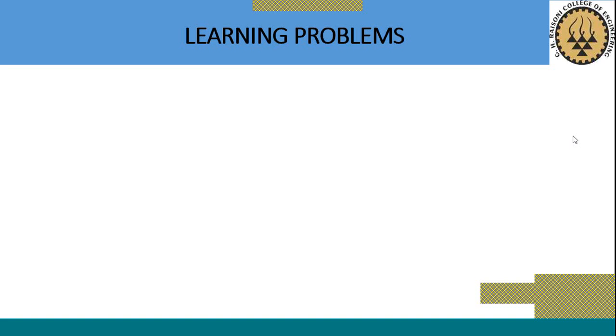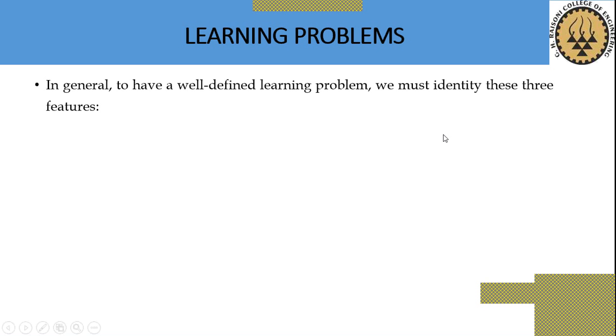So move to the next part, that is the learning problem. So what do you mean by the learning problem? In general view, to well define a learning problem, we have to identify these three features from the learning problem.